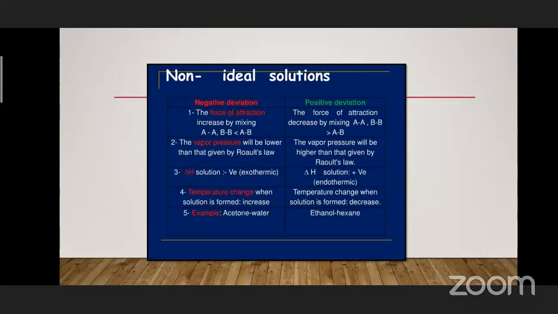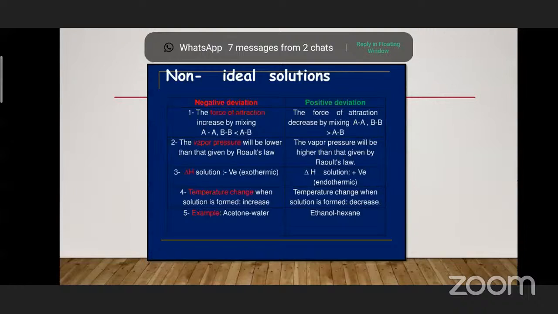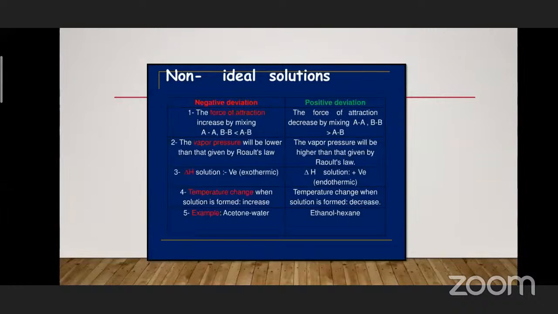Once they are freed, they are easily going into the vapor phase. And for that reason, we are getting the positive deviation. Hope you have understood. Please read the textbook as well as go through the slides.